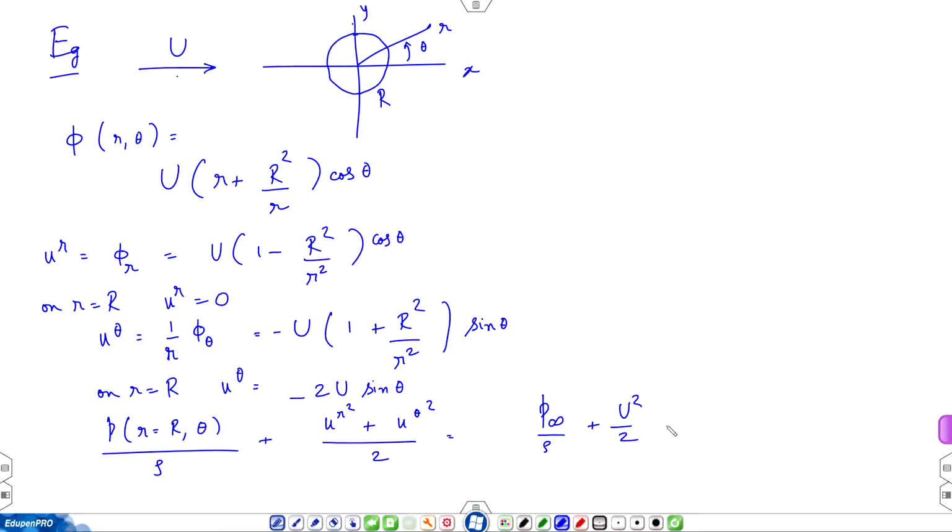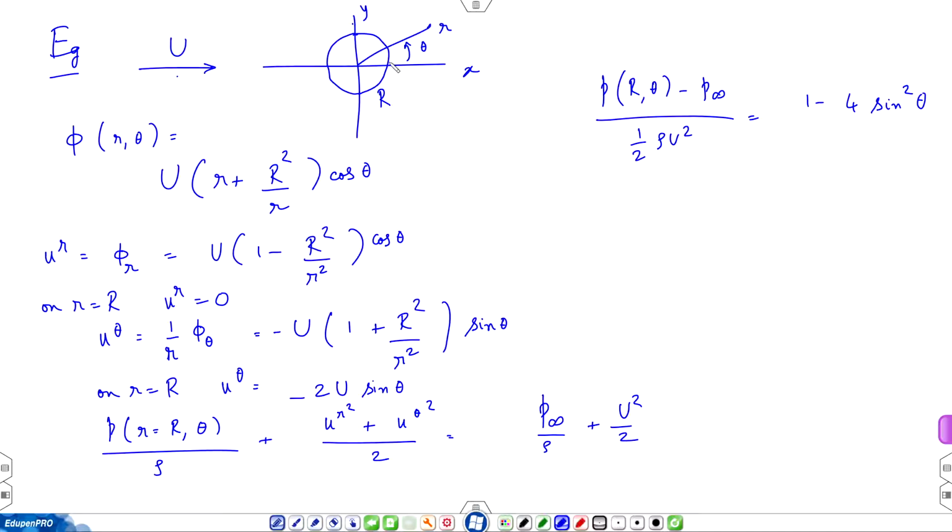So, this was written in compact form as P over the surface of the cylinder divided by half rho U squared is equal to 1 minus 4 sin squared theta.